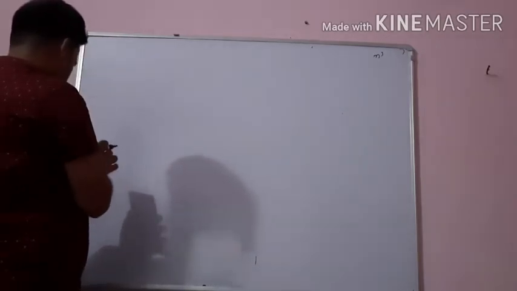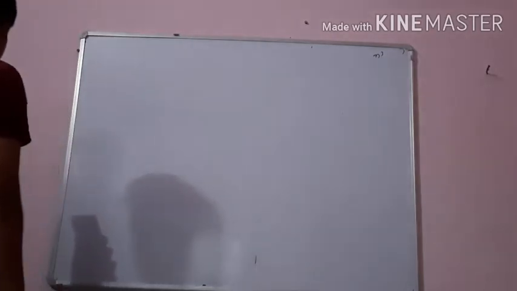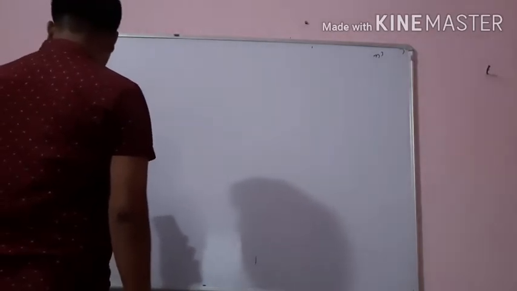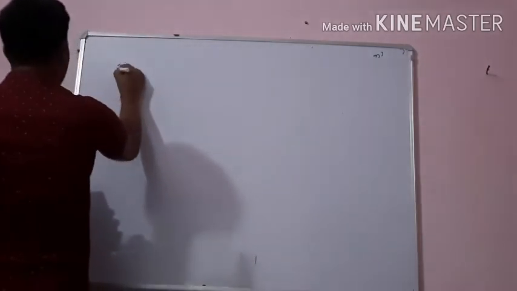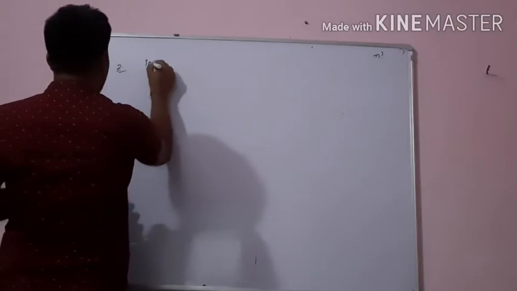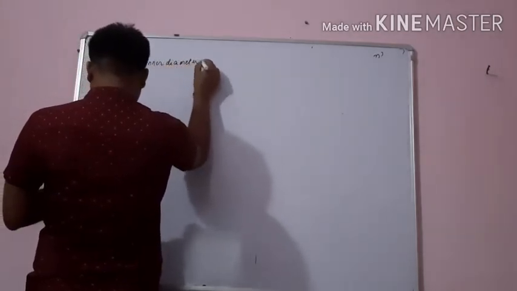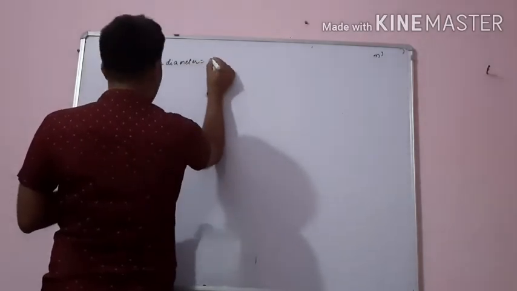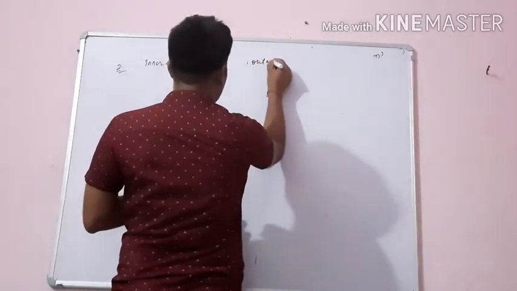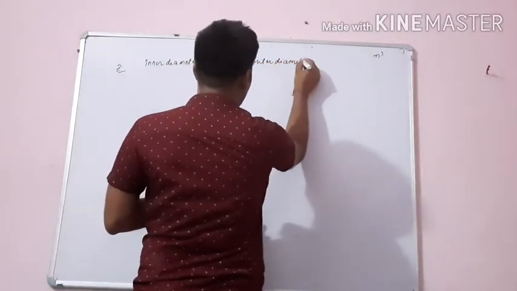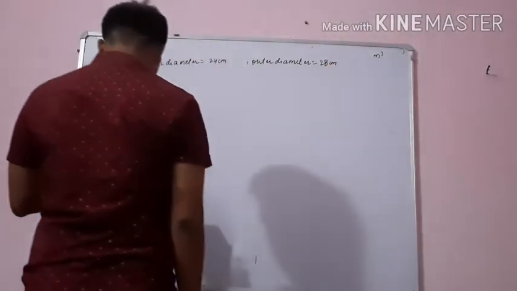Question number 2. The inner diameter of a cylindrical wooden pipe is 24 centimeter and outer diameter is 28 centimeter. In question number 2, inner diameter is 24 centimeter, outer diameter is 28 centimeter.